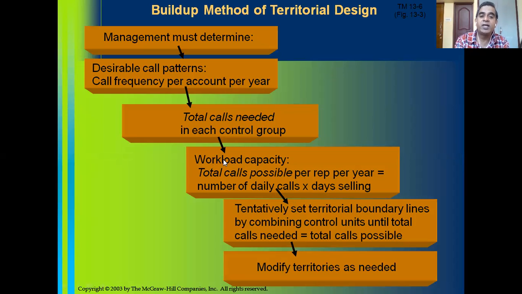So the company needs to determine workload capacity, that is nothing but total sales calls possible per sales representative per year. Given 5 days a week, the sales rep works, let us say, from 9 to 6. How many sales calls are feasible or actually possible? That is nothing but workload capacity.